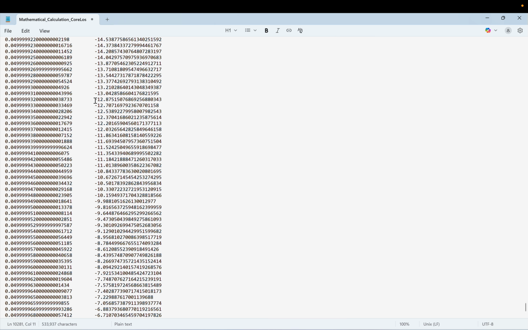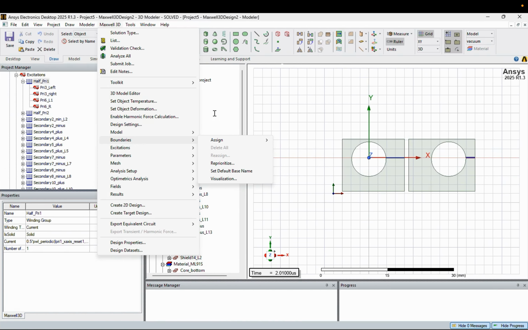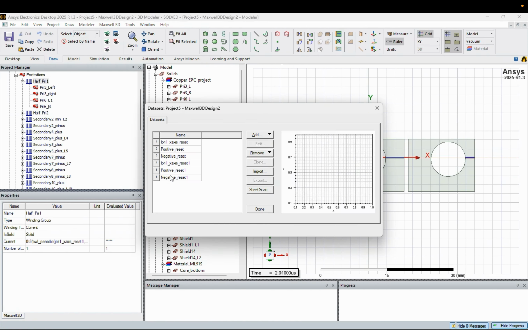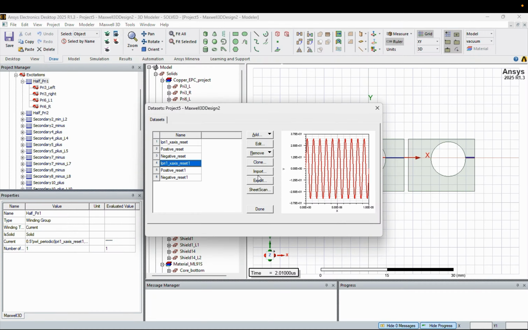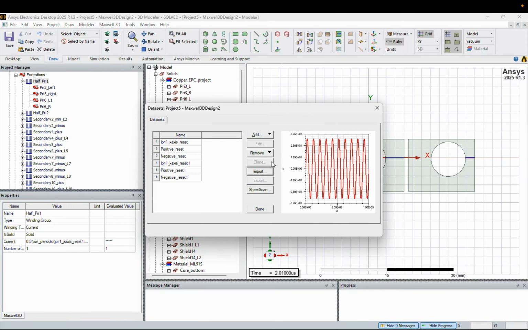So all I told ChatGPT is don't change the Y, only change this X to start from 0. That's how I did design data sets. This one I just said import, and I had the tab file. I just uploaded it here. That's how it looks like, I think.